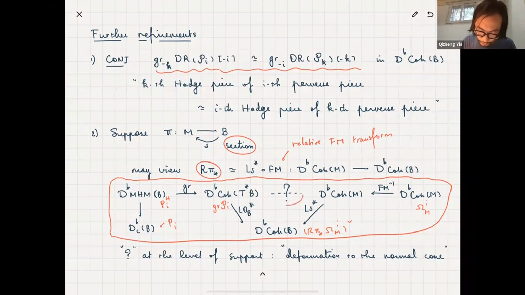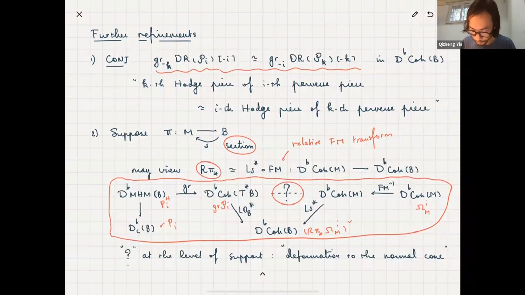Maybe there's a way to relate these objects already at the level of T*B and M. We have some evidence that some form of relation should be true, namely that if you look at the support of the coherent sheaves, then this relation, this question mark here, should be just the deformation to the normal cone.